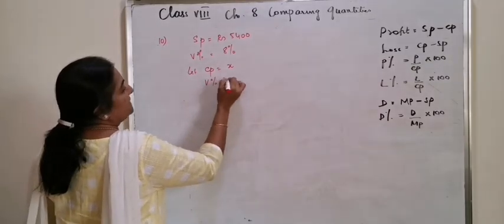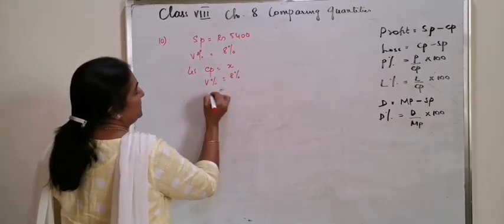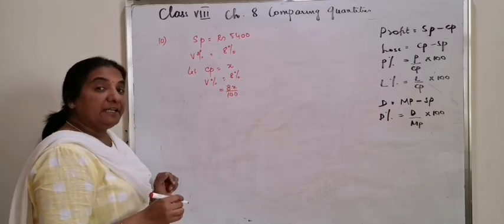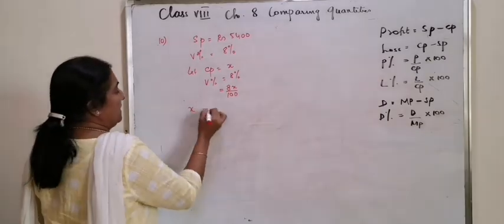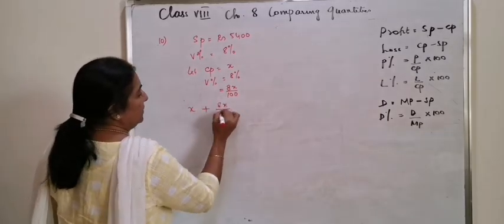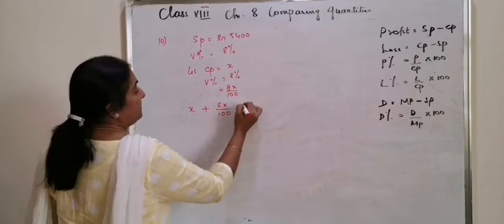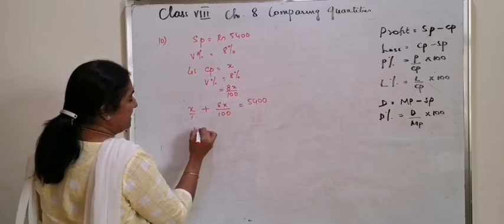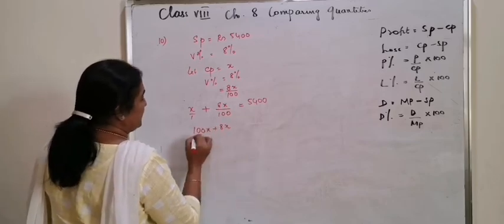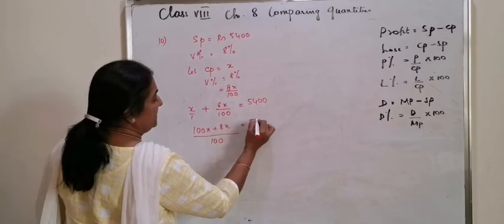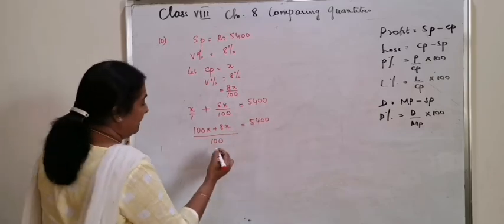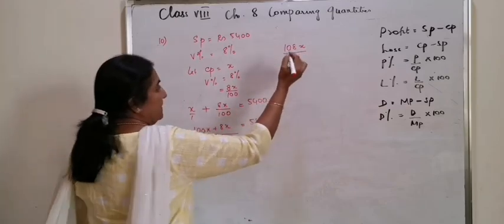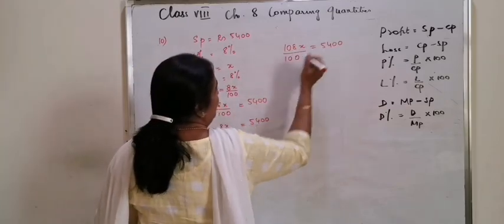The VAT percent is 8%, which is equal to 8x by 100. It is an addition to the cost price. So, cost price plus an extra amount of 8x by 100 gives you 5400. By LCM, 100x plus 8x by 100 is equal to 5400. 108x by 100 is equal to 5400.